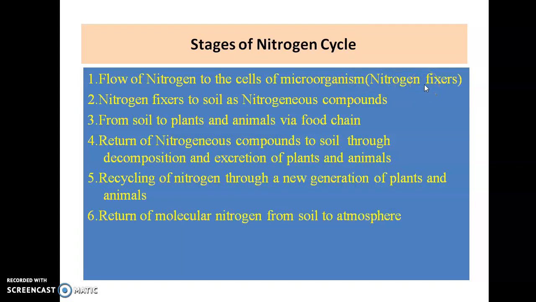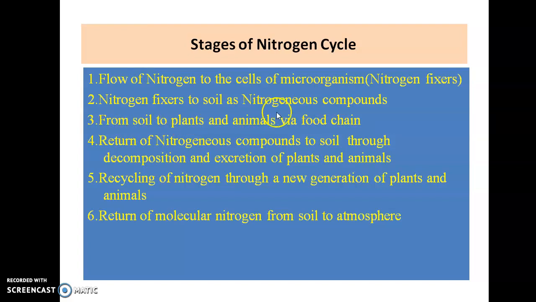In the second stage, the nitrogen fixers convert the nitrogen into nitrogenous compounds, and they are delivered into the soil. In the third stage, the nitrogenous compounds are now in the soil.